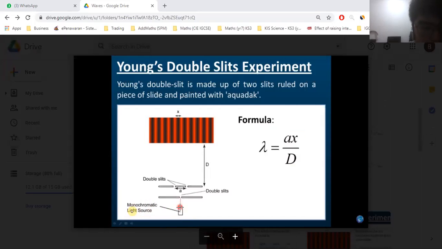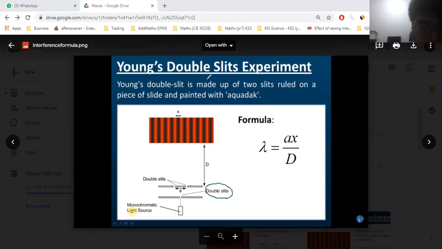Okay, now basically 这个 Young 他拿一个 monochromatic light source 照去这个，写错了，这个是 single slit 来的。Guys, pay attention, be careful of this one.